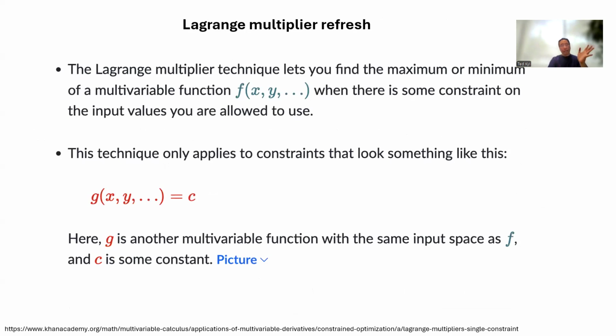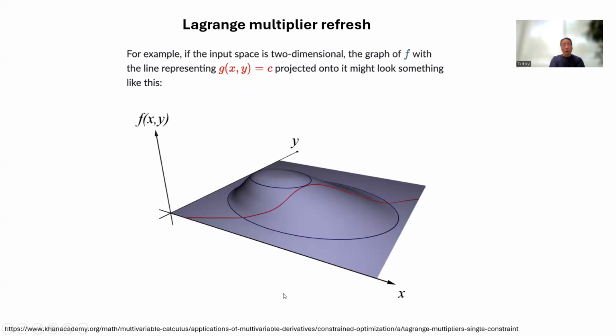So Anastasia included a little bit of a refresher here on Lagrange multipliers. We have a constrained optimization problem, and our constraint could be defined as some function g has to equal a value c. Imagine that this blue surface is the function that we're trying to minimize or maximize.